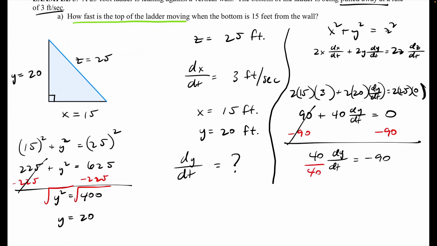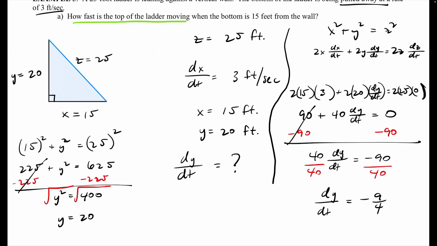Divide by 40. And you get negative 9/4, which is negative 4.25.